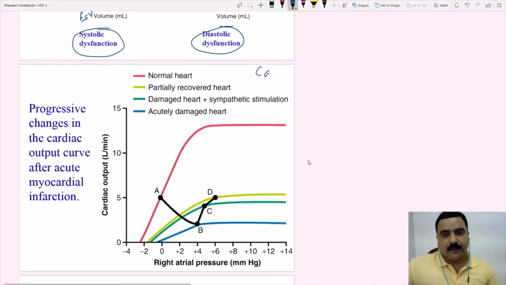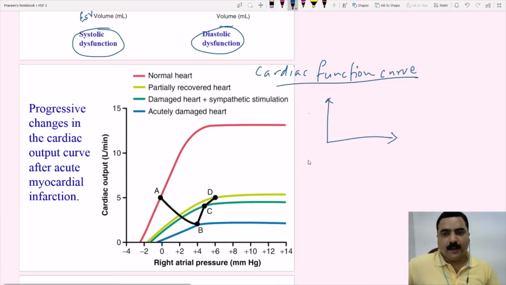In the cardiac function curve, you have two axes. The y-axis normally represents cardiac output, or sometimes the venous return, or a combination of both cardiac output and venous return. On the x-axis you have the right atrial pressure.